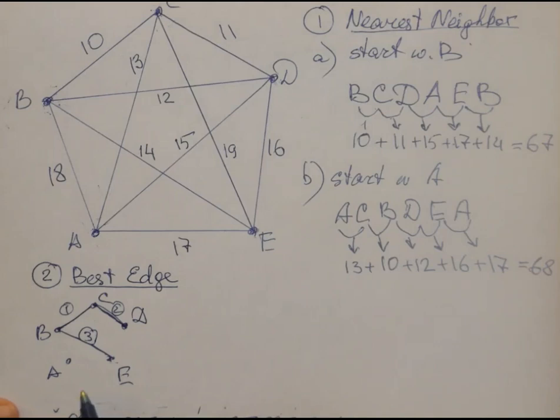Then from this point, actually, there is nothing to choose. The only way to finish this circuit will be AE and AD. So then we will visit all 5 vertices once. Let us find the weight of the circuit.